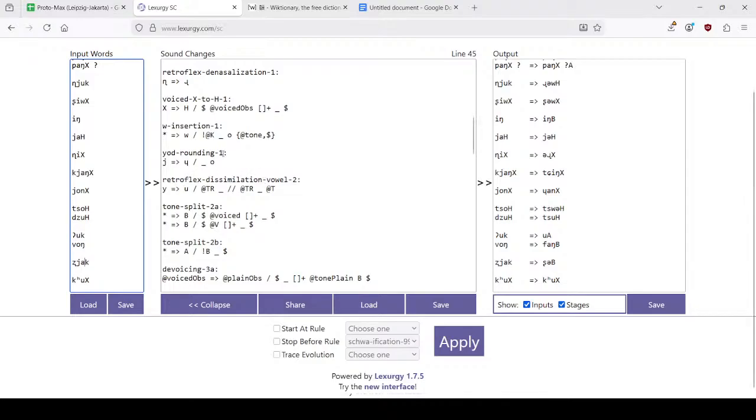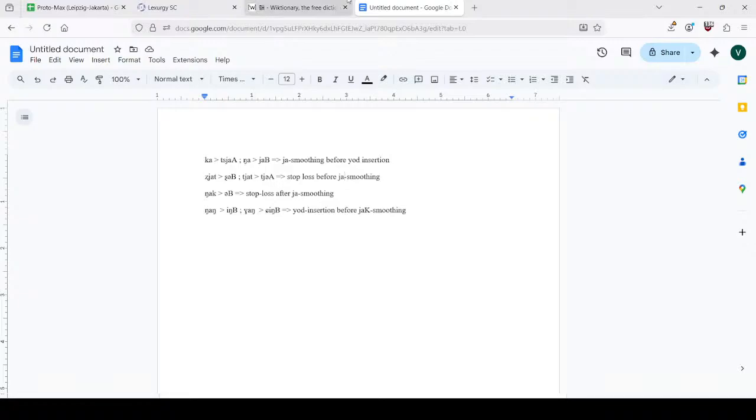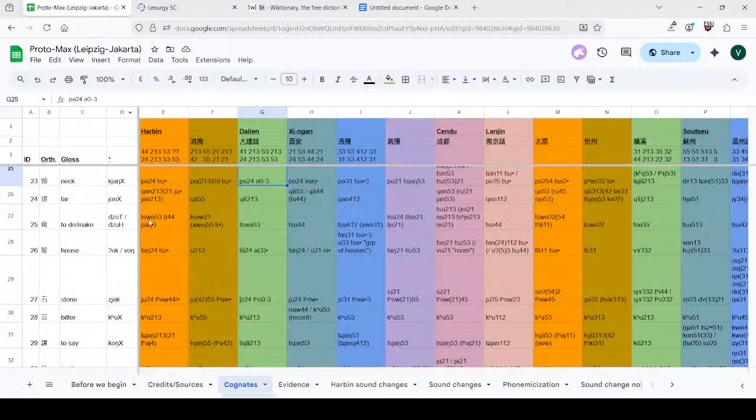Okay, but this becomes messed up now because ja would require sure. So let's do that. Ja becomes sure.